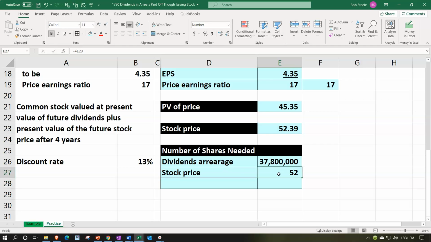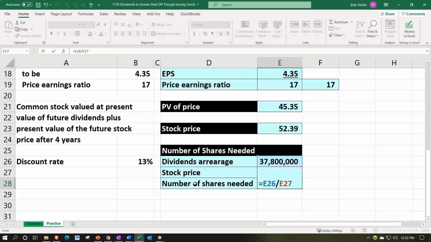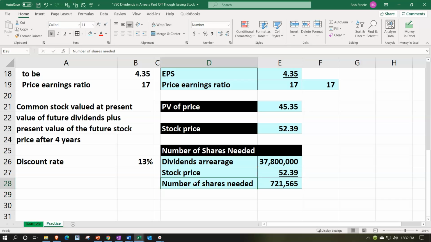That's the value that we came to. Number group, adding a couple decimal, font group, underline. That gives us the number of shares that we are going to need. How many shares do we need then? We need this amount we owe divided by the 52.39, or about the 721,565. Obviously, there could be decimals. We can't really issue a half share, so we'd have to do some rounding involved there as well.